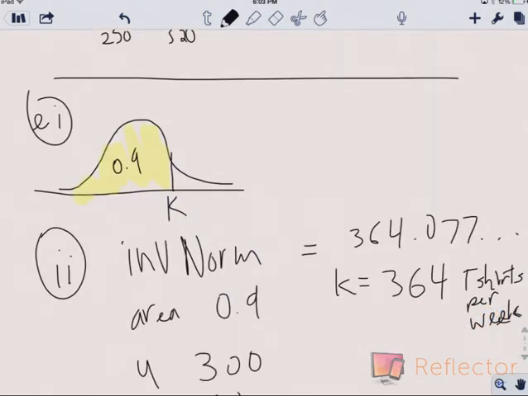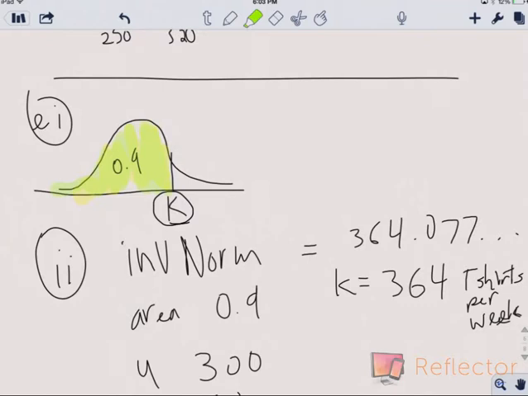Here's a diagram of it. We can see that K is the amount of t-shirts per week, and then the shaded area represents the 0.9. So that's our diagram showing that.